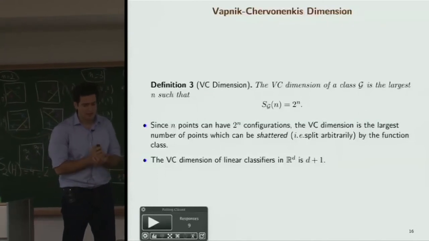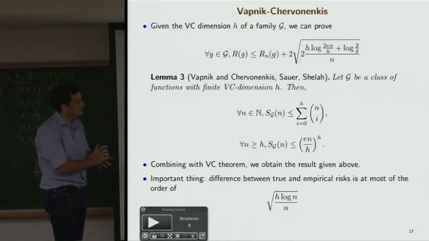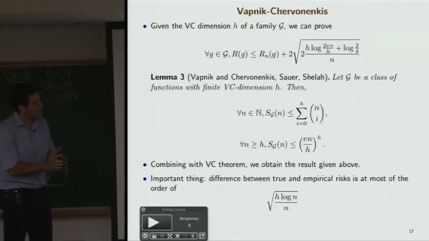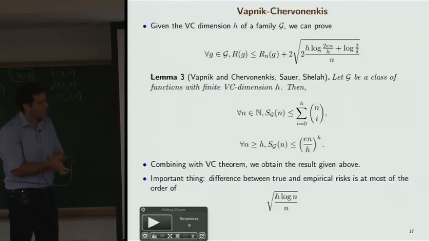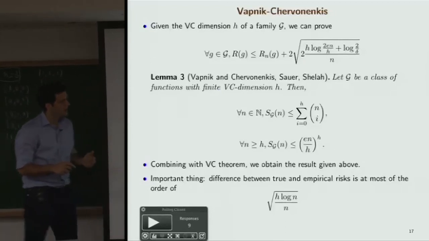So what Vapnik and Chervonenkis now prove is that, given the VC dimension h of a family G, we can prove, so it takes a bit longer, that the risk of g is smaller than the empirical risk of g plus this quantity here.